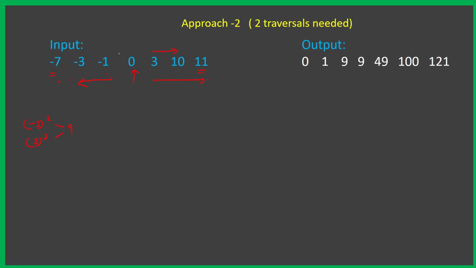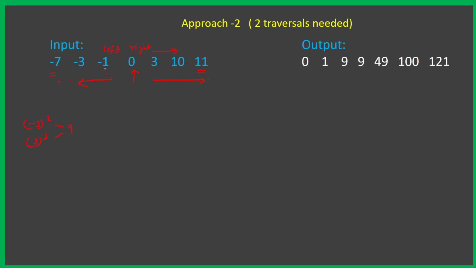How will we be doing it? So after finding the first positive element in this given input array, I will set, okay, this 0 is the first positive element. Let's put a left pointer here and a right pointer here. So left will be pointing to the negative element and right will be pointing to the first positive element.